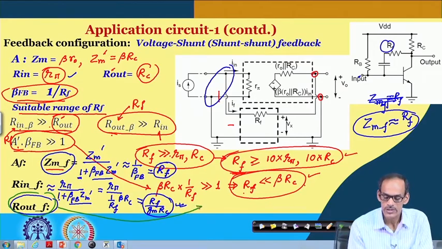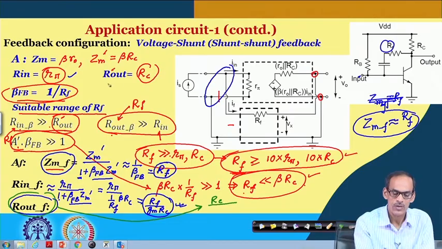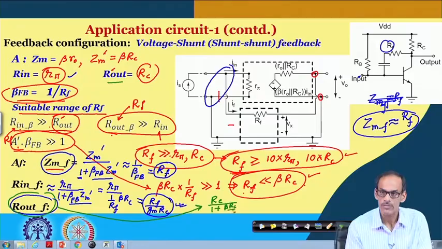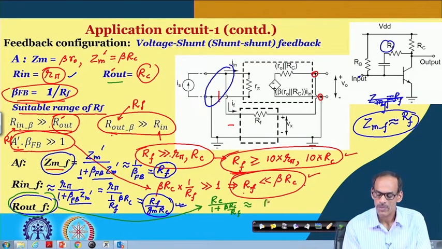So, this output resistance is R c, and that is the R out dash divided by again 1 plus beta FB into Zm dash, and its expression is beta into RC divided by RF. So, this can be well approximated by RF divided by beta.